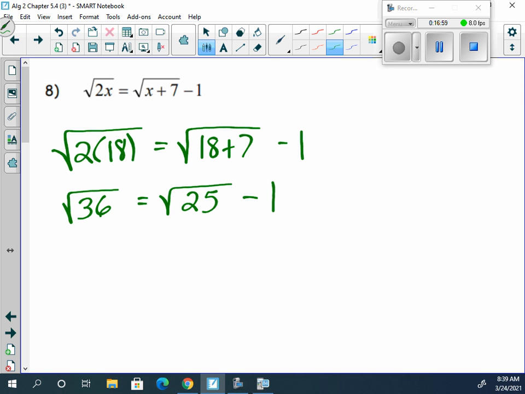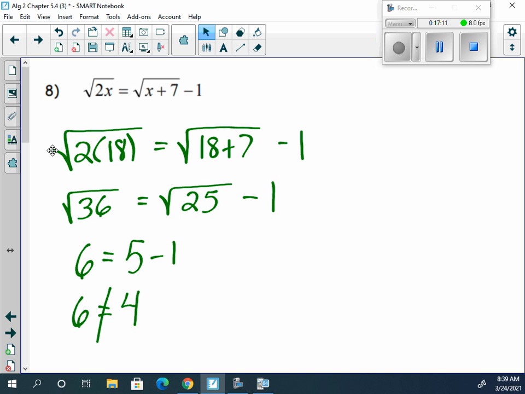The square root of 36 is 6. The square root of 25 is 5, and 5 minus 1 is 4. These are not the same. So that means 18 is an extraneous solution. So our only real solution for this is 2. And that is it for that one.